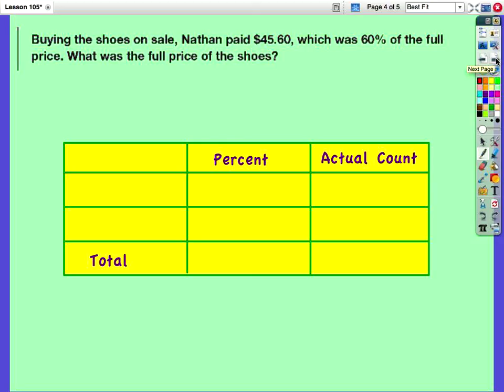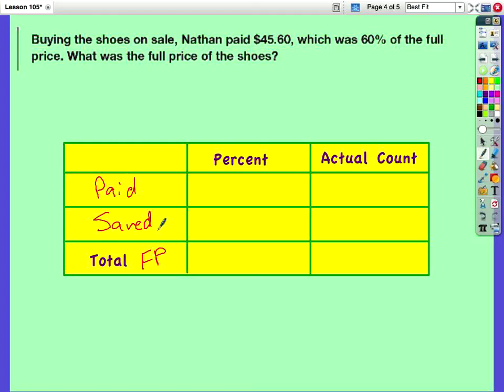A little more difficult of a problem here. It says buying the shoes on sale, Nathan paid $45.60, which was 60% of the full price. What was the full price of the shoes? Okay, so our total is kind of going to be like our full price. So for the top box, we're going to write how much we paid.